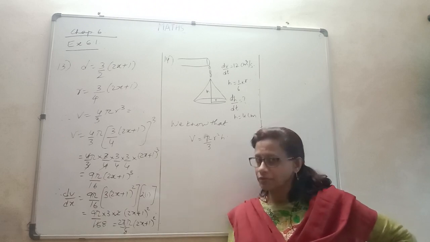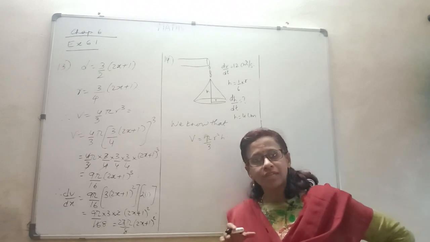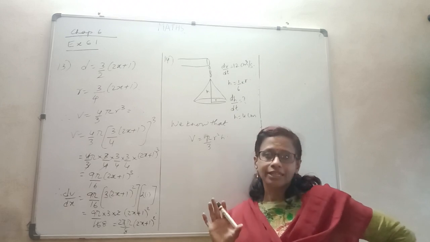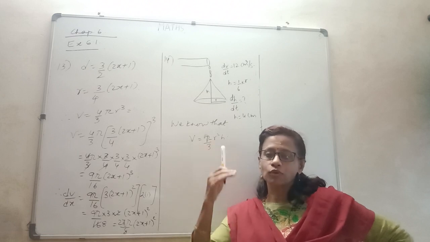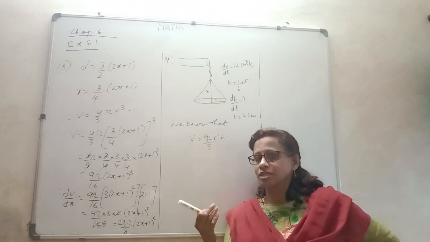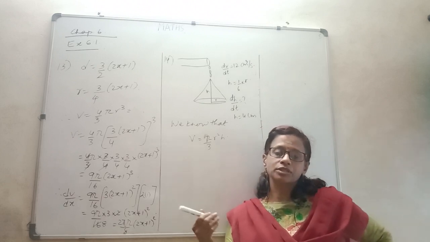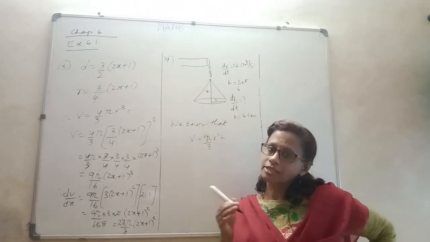You have to restrict it to one variable, so you have to make a substitution somewhere so that it gets restricted to one variable. Then we can go in for the derivative. Here r is a variable, h is also a variable. As the sand is falling, the radius and height both keep changing. So it's difficult to find the derivative with respect to two variables, so we'll restrict it to one variable. How? By making a substitution.